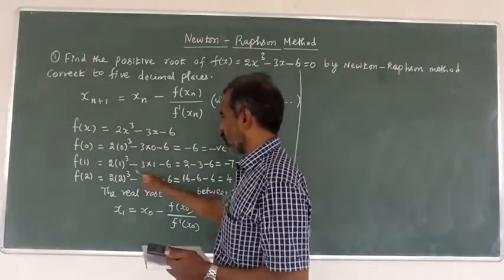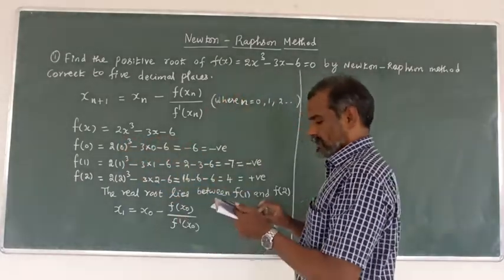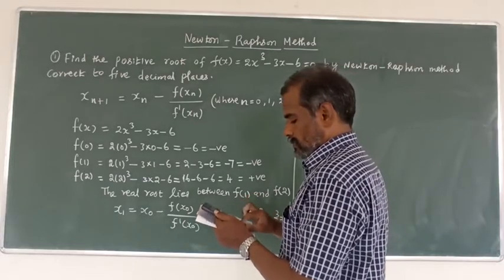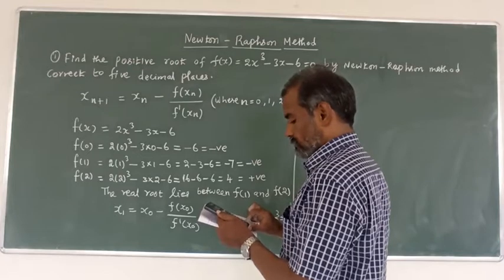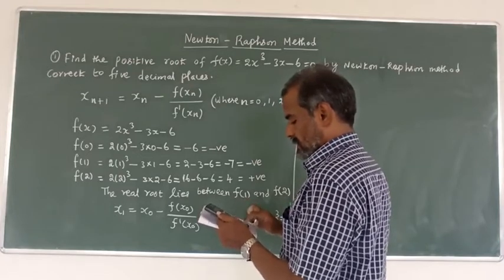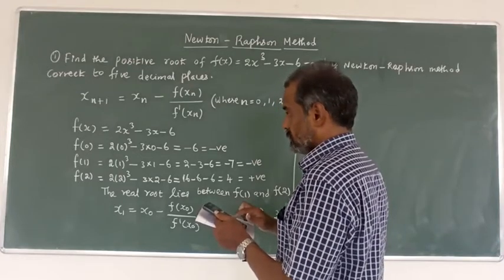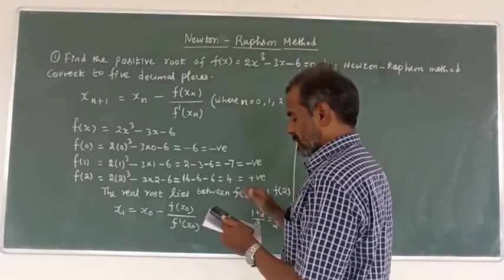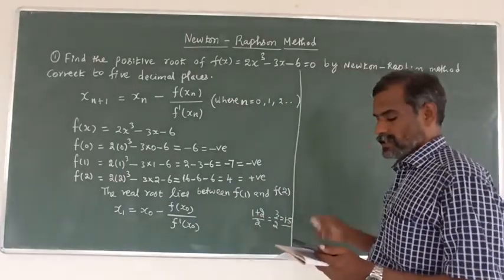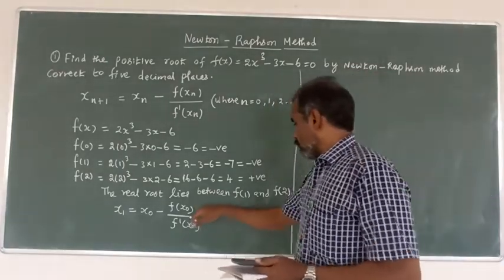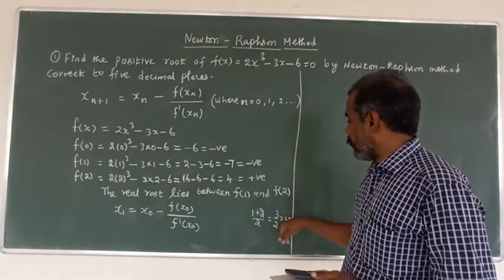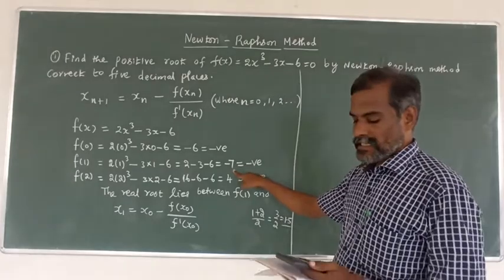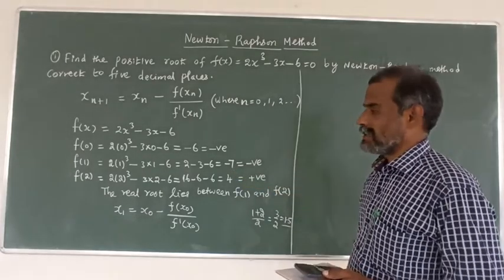Substituting 1.5 here, we get 2 into 1.5 cube minus 3 into 1.5 minus 6, which gives minus 3.75. For 1.5 we get a negative result, minus 3.75.